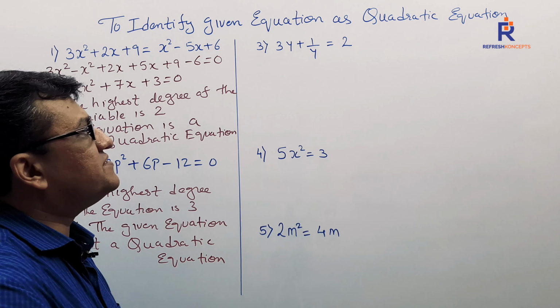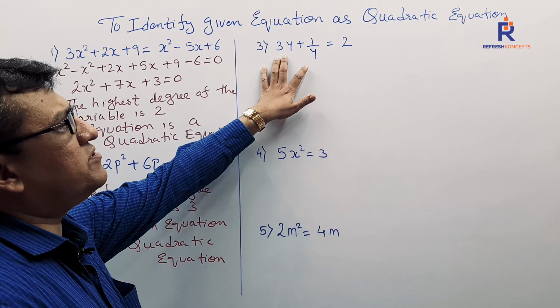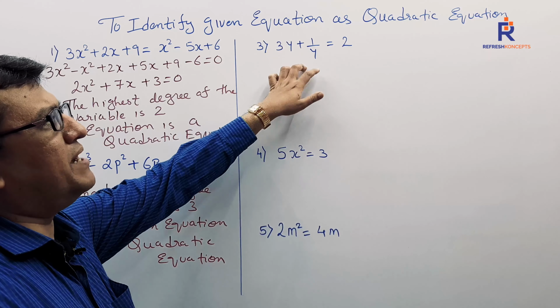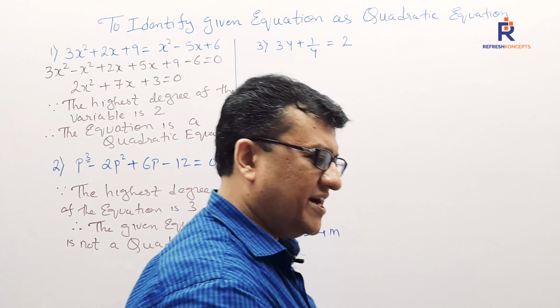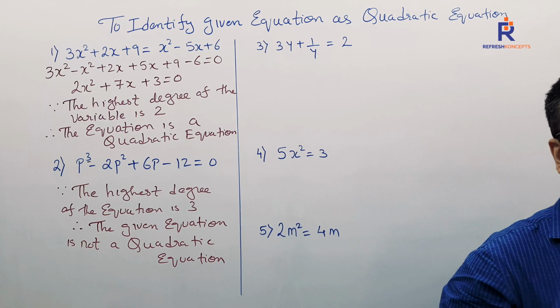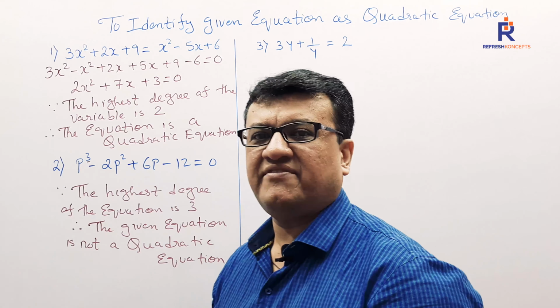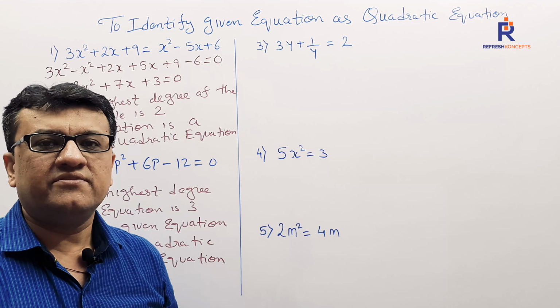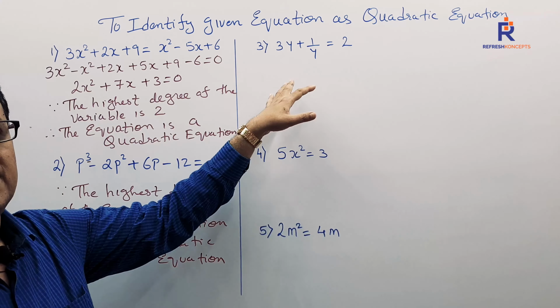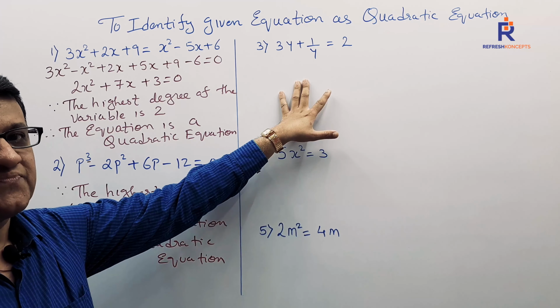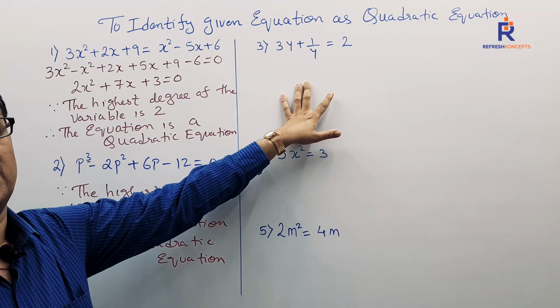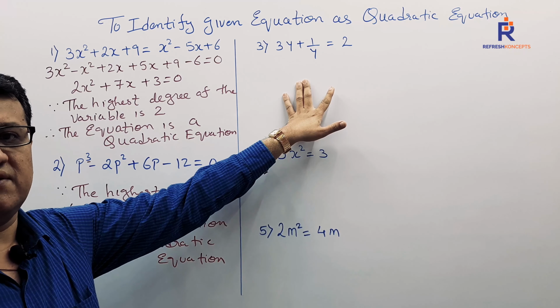Children, let's move further. What do you think about this one? 3y plus 1 by y equals 2. For the first time we are having a variable in the denominator, right? So let's solve sums of this nature. Is this in the standard form, that is, equal to 0 format? No, it is not. So first try to bring this into the standard form.